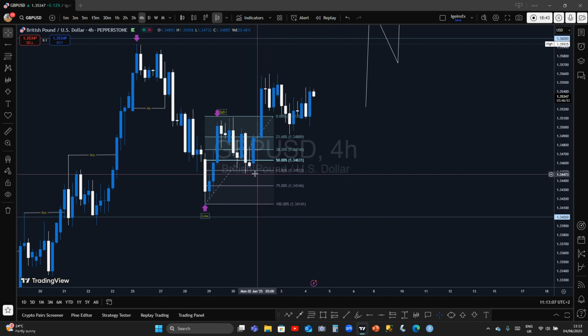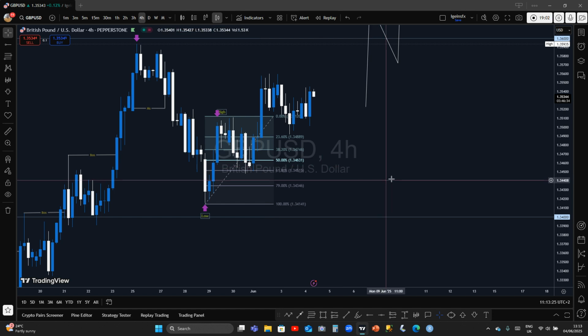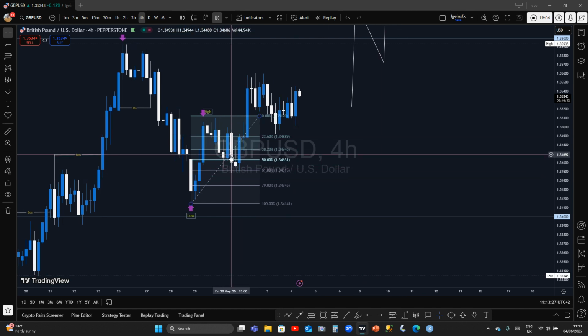In some cases, it will break it, then close above it. Some cases it will come to 61%, some cases it will get to 79%. All right. Does that mean that if you just see it get here, you just jump in? No. Allow it to close.